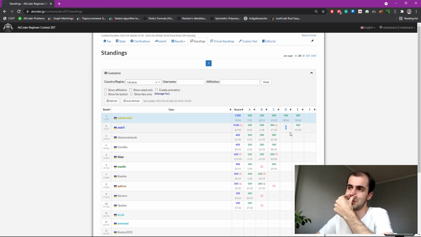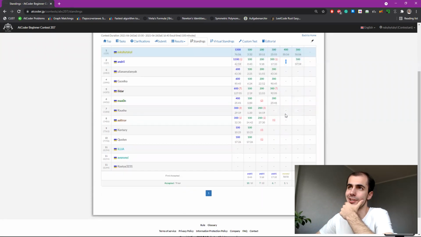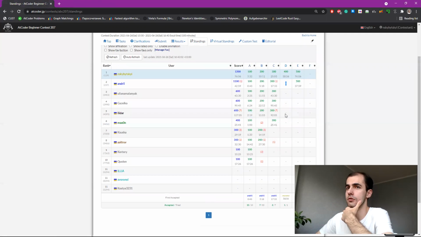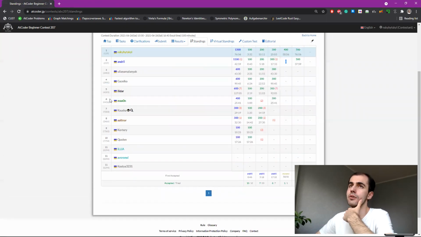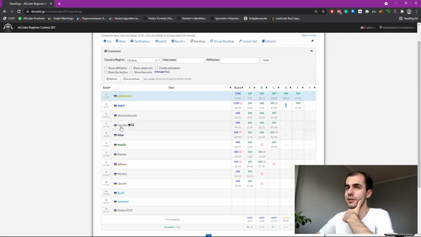Surely you understand that 2 points more or less give any motion of the plane. What went wrong? Is it so massive that only I could solve it in Ukraine? That can't be true, right? Obviously none of the high-rated people write the AtCoder Beginner Contest, but that's a different question. Let's get rid of the Ukrainian filter.